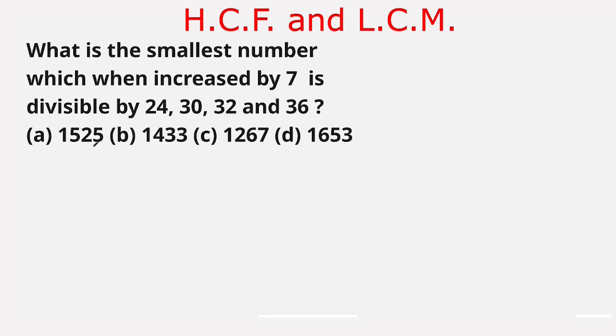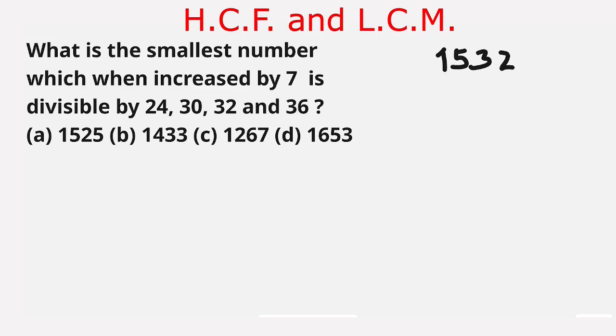If we add 7 to 1525, it becomes 1532. If we add the digits, 1 plus 5 is 6, 6 plus 3 is 9, plus 2 is 11, and this number is not divisible by 9.